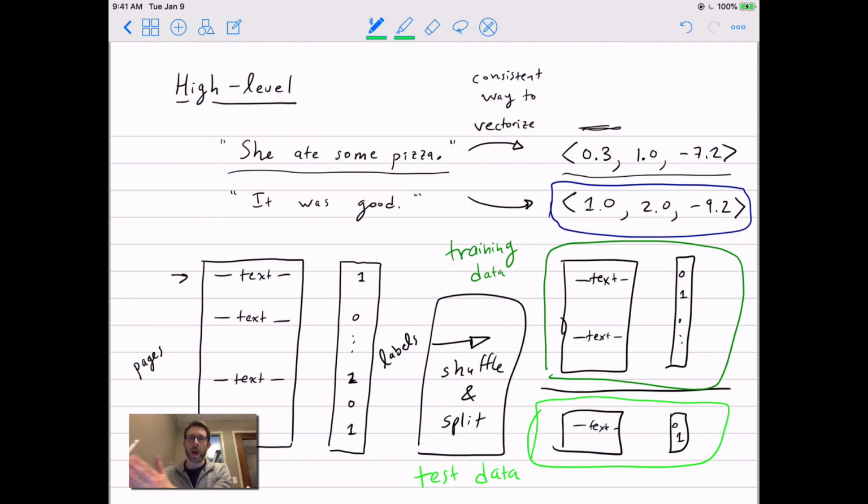So you hold out that test data, and then after you're done training your model, you check to see what percentage of the time your model is correct on that test data.